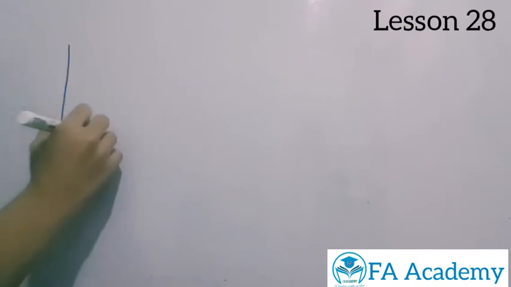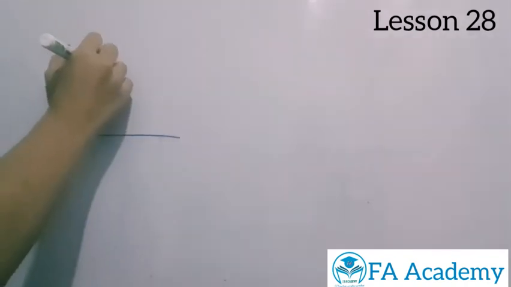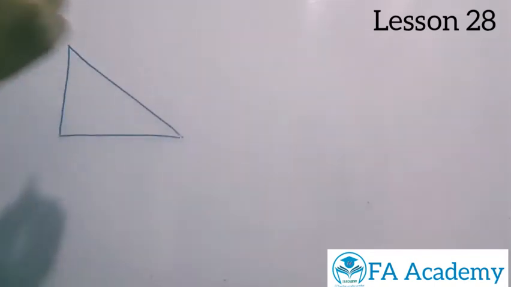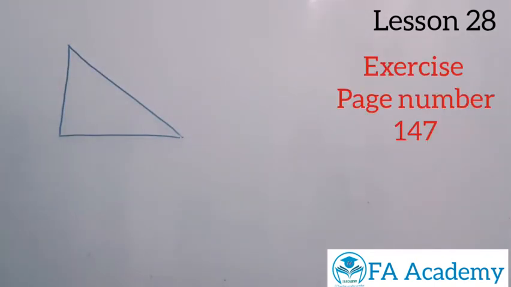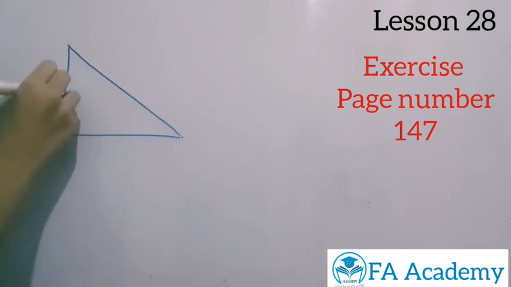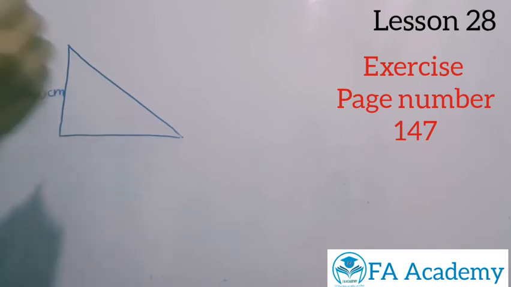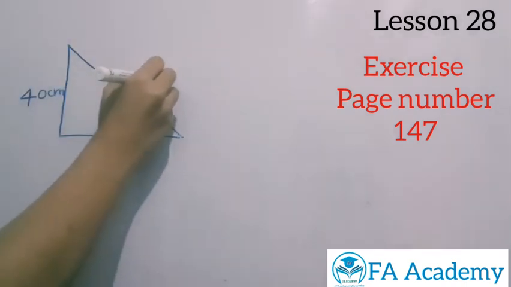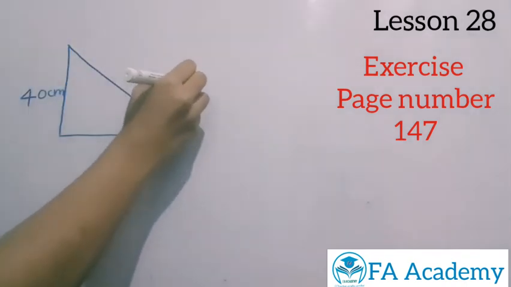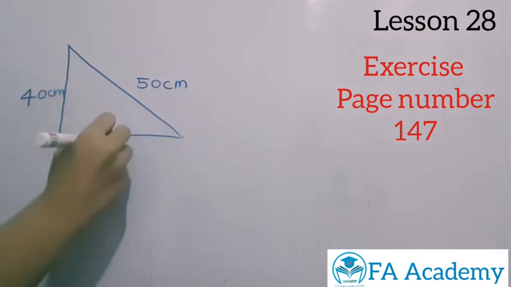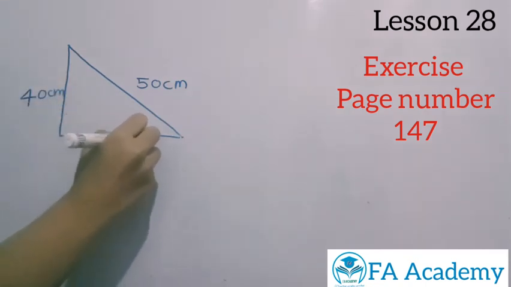Okay. So what they can do, they will give you a scale diagram. So I am taking one of the scale diagrams which is under your exercise in page number 147. You can see they have given 40 centimeters this side and then 50 centimeters this side, and 30 centimeters down.